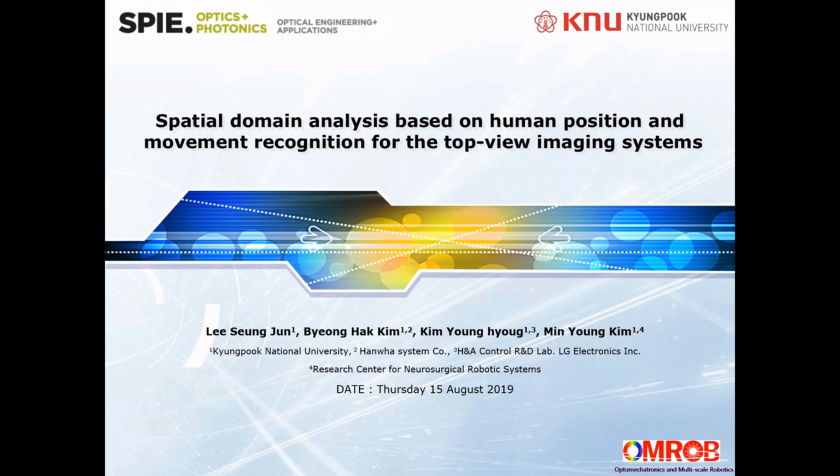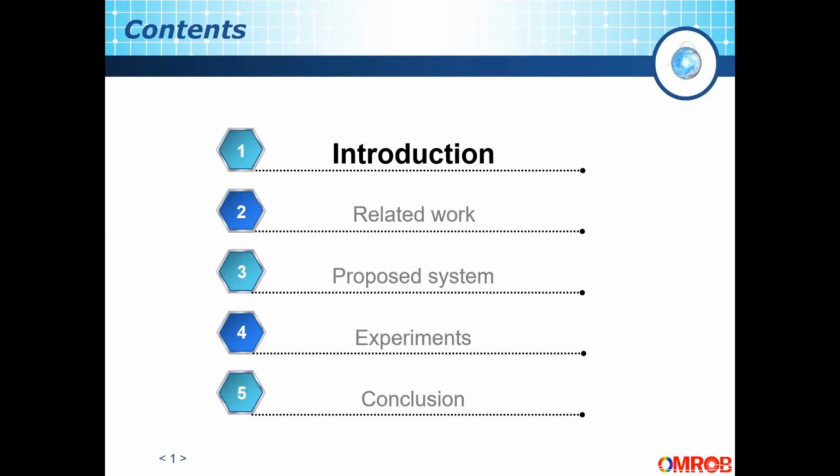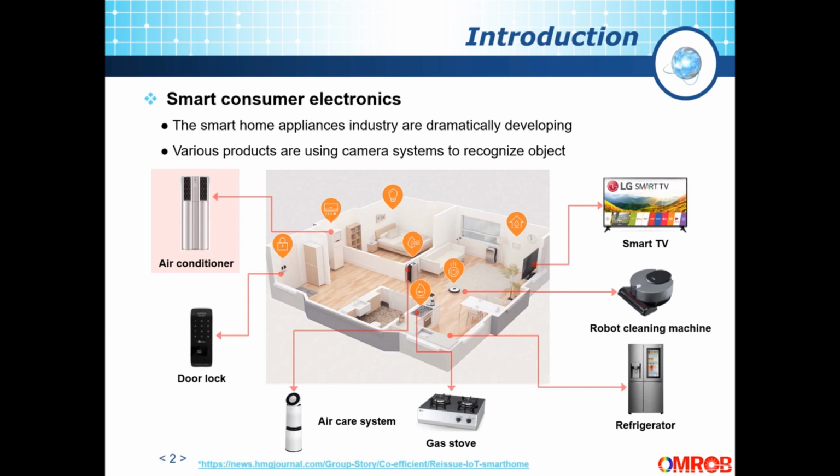I will start with the introduction. Firstly, I would like to give you some background information on smart consumer electronics. As you can see in the picture, the smart home appliance industry is dramatically developing into a big part of the consumer electronic market.